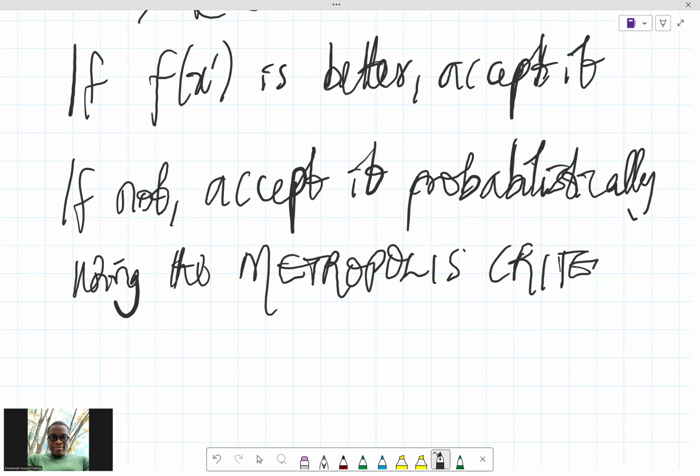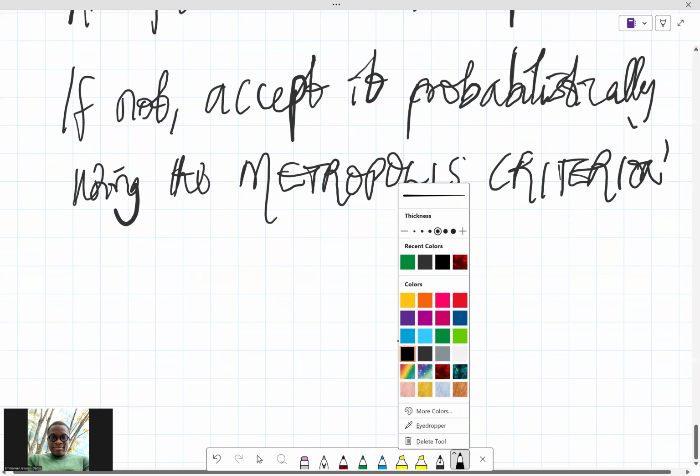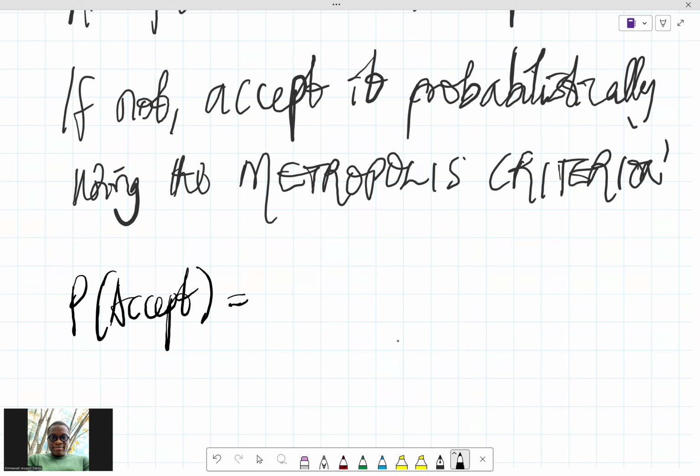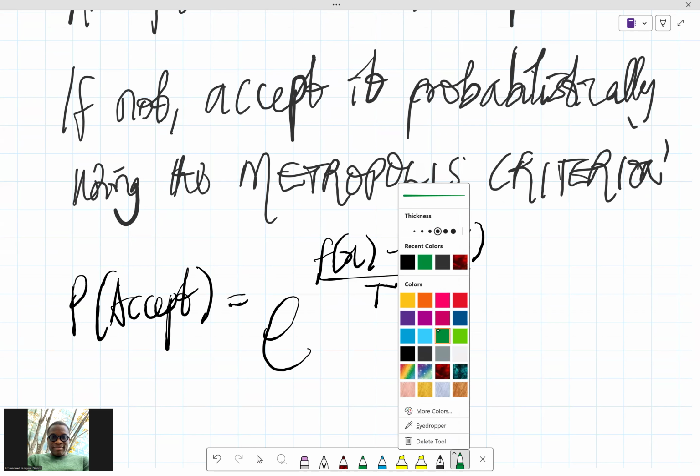The Metropolis criterion says the probability that you accept a solution which is not better is e raised to the power of negative delta f over the temperature, that is, f of x minus f of x prime, all over T. That's the criterion for acceptance.